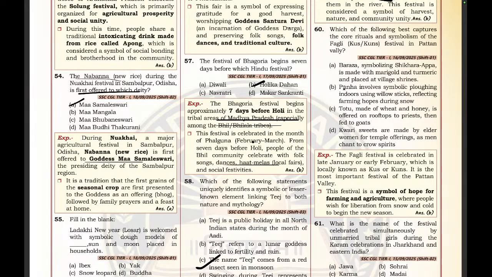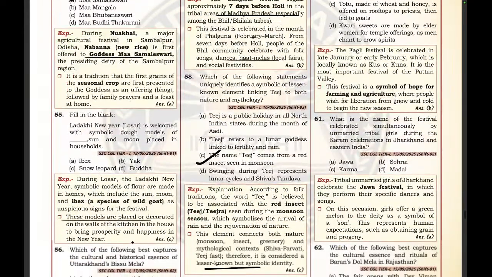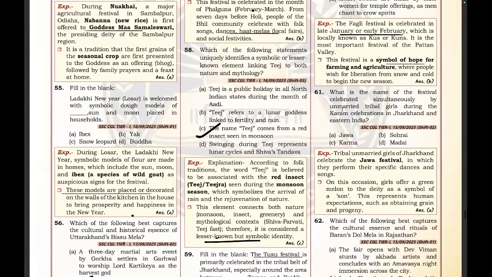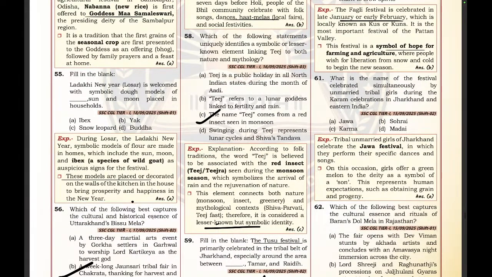The answer is the Punaha involves symbolic blowing indoors using a willow stick, reflecting farming hopes during the snow. Okay. Fagli festival is celebrated in late January and early February, locally known as Kunz. This festival is a symbol of hope for farming and agriculture, where people wish for liberation from the snow or the cold to begin a new season.